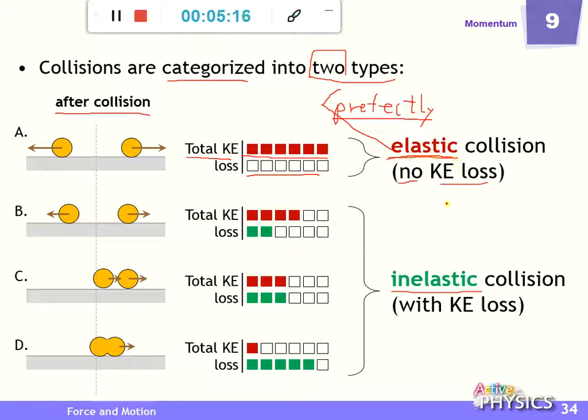This one is elastic collision 彈性碰撞. In inelastic collision, we have energy loss. In this one, the energy loss is not too much, but this one too much. Then for these, we say inelastic collision because we have energy loss.